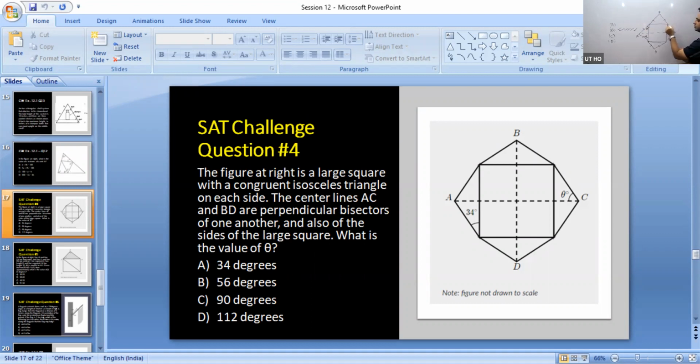So this is 34 and this is your 90 degrees. This is also 34, so I can say that 34 plus theta plus 90 will be equal to 180, so we'll get theta as 56.